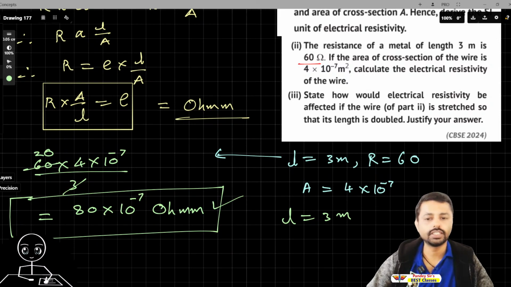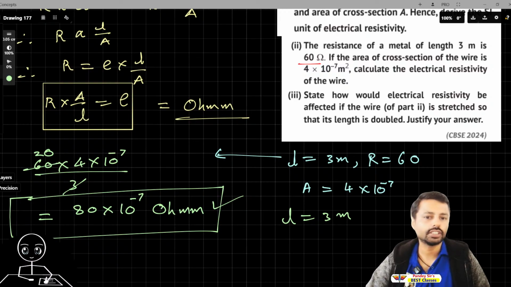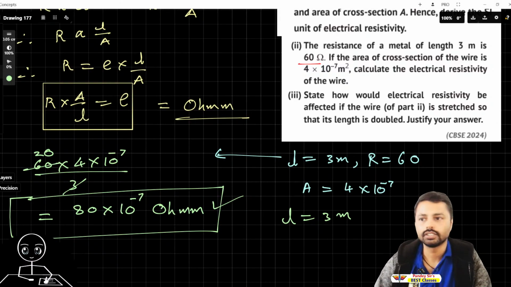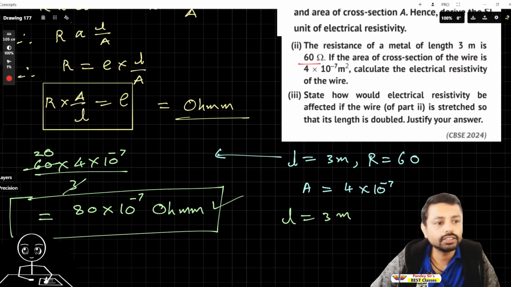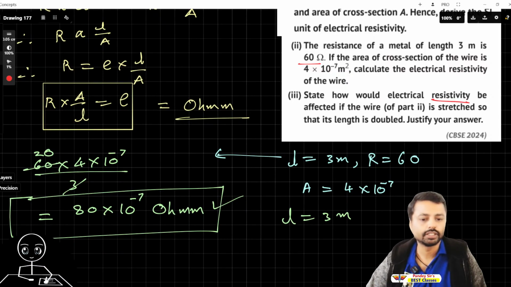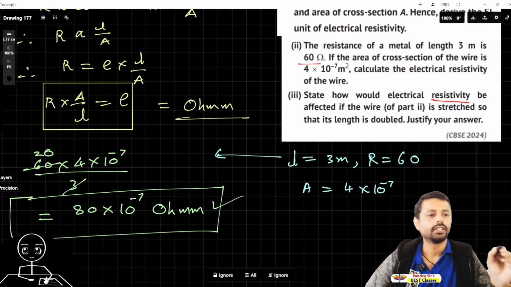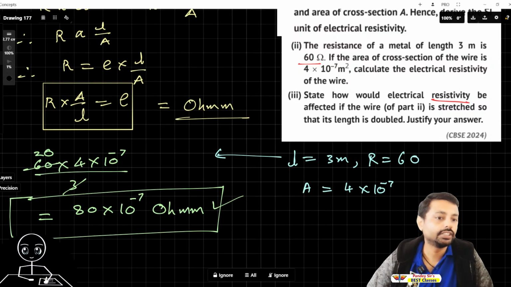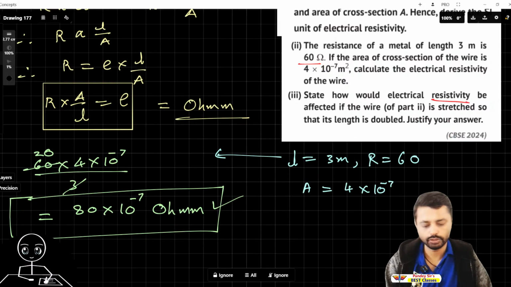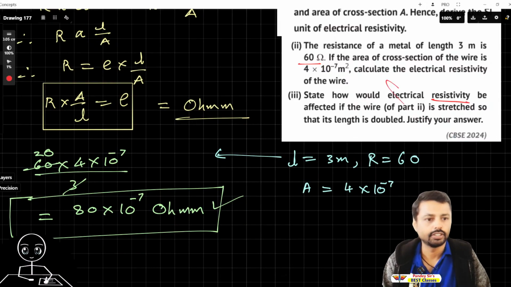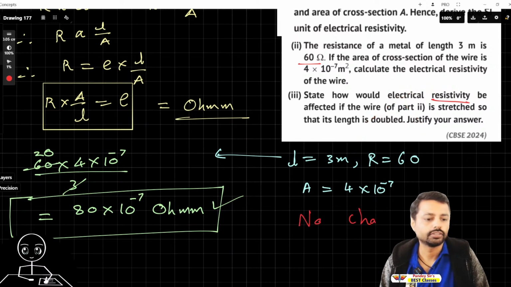But here, since they did not ask us to actually calculate, they asked only resistivity. They did not ask resistance. So you tell me, will it get affected and how much? Resistivity of a material doesn't depend on the area. Keep that in mind. So no change.